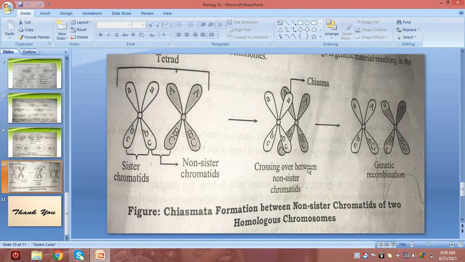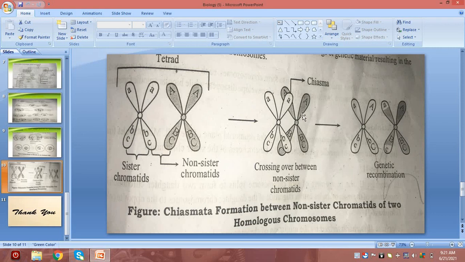This is the crossing over taking place between non-sister chromatids. The places at which the crossing over is taking place, we call chiasmata or chiasma.